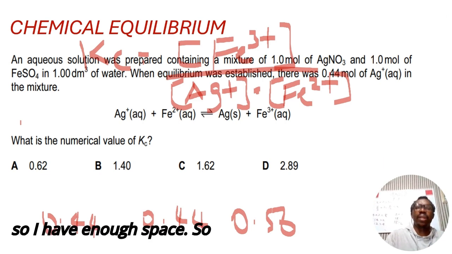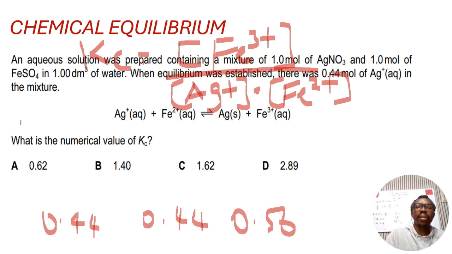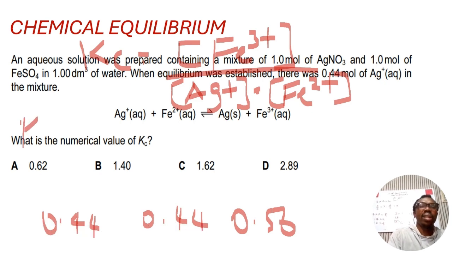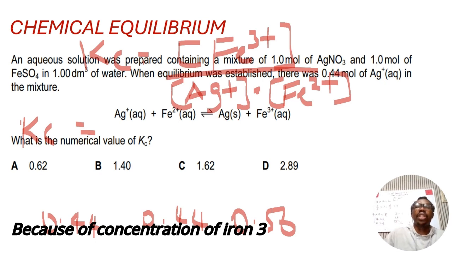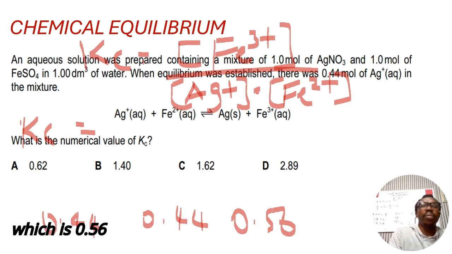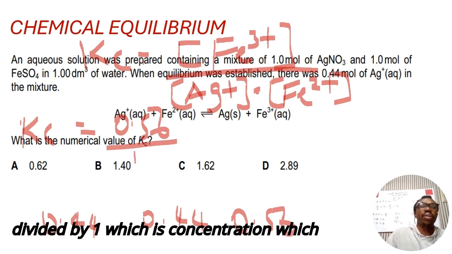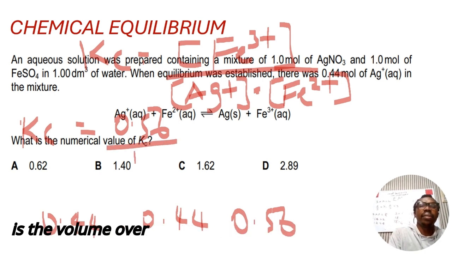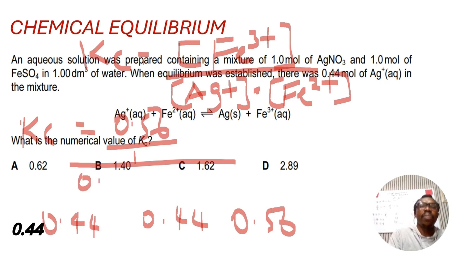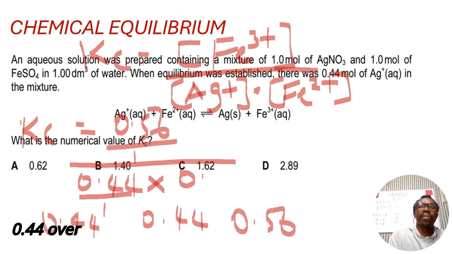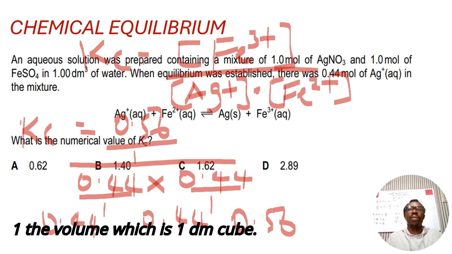So the equilibrium constant Kc is the concentration of Fe3+, which is 0.56 divided by 1, which is the volume, over 0.44 over 1, which is the concentration, times 0.44 over 1, the volume, which is 1 dm3.